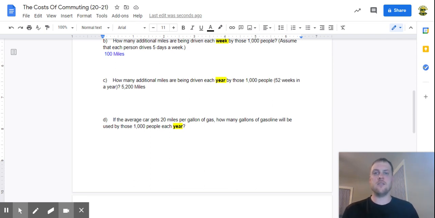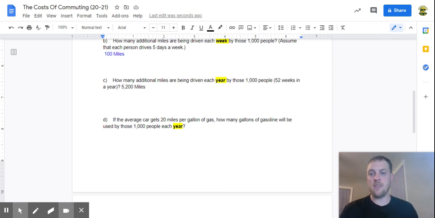If the average car gets 20 miles per gallon of gas, how many gallons of gasoline will be used by those 1,000 people? Again, we're just looking at one of these 1,000 people. So if we are driving those extra 5,200 miles per year, and we know that it is 20 miles per gallon, how many gallons of gasoline are we using?